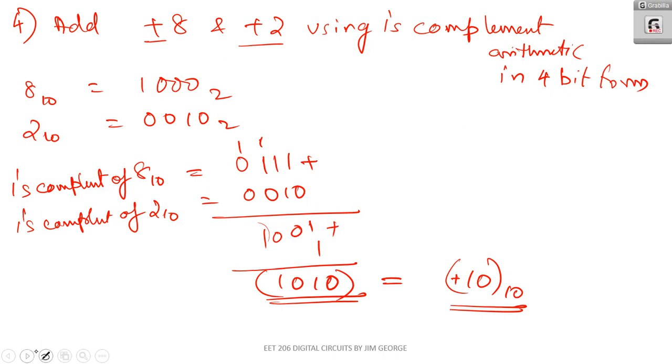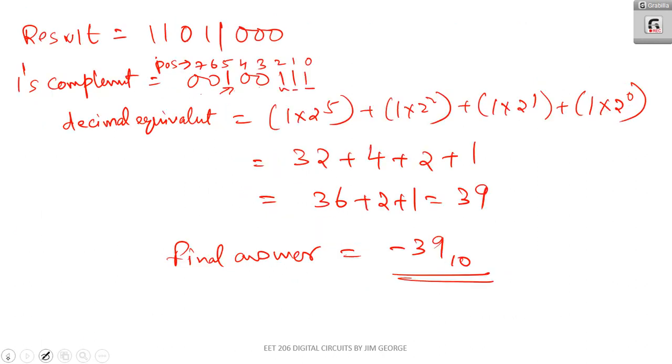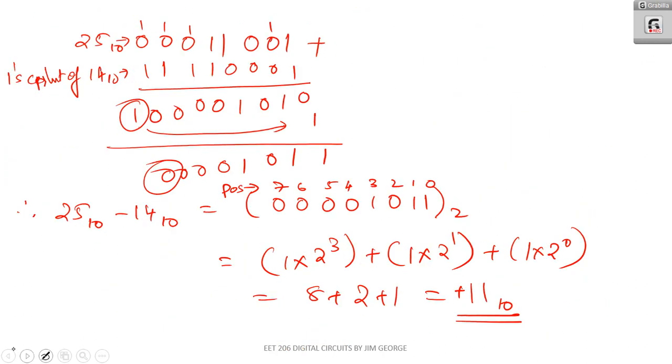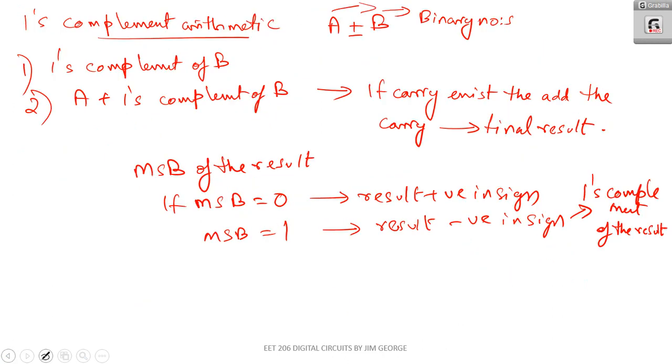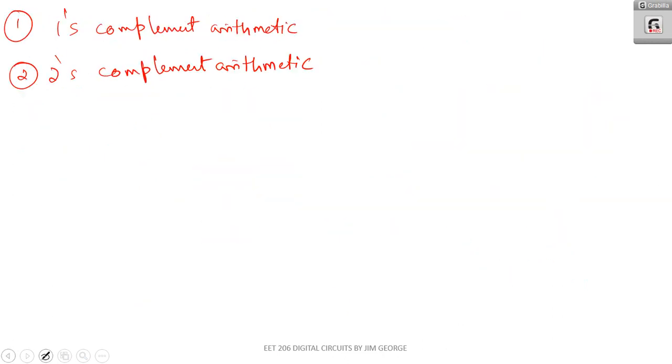Now coming into the next one. Okay. So with that, I am ending with the ones complement arithmetic. I have done almost all the steps in ones complement arithmetic. Now next I am going to deal with two's complement arithmetic.